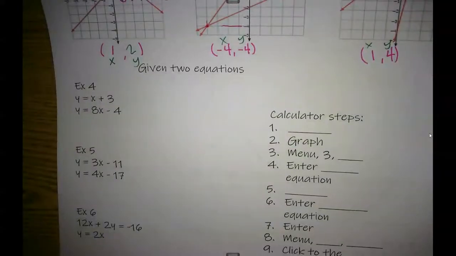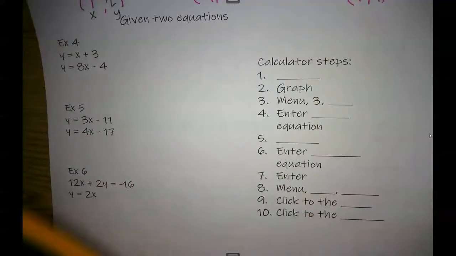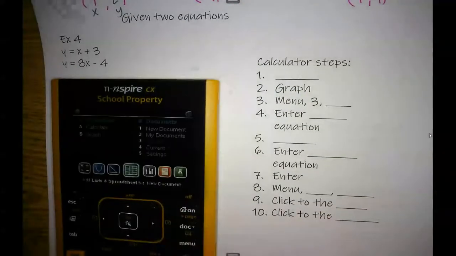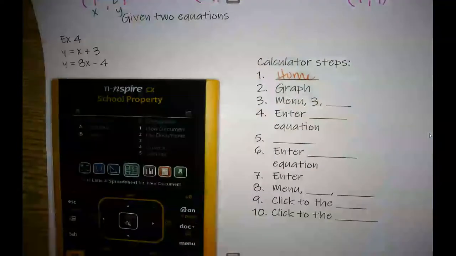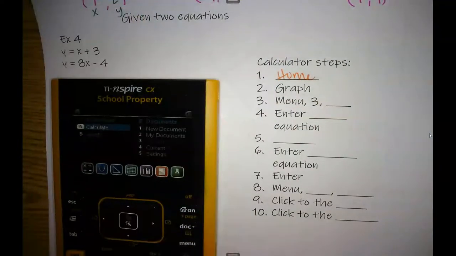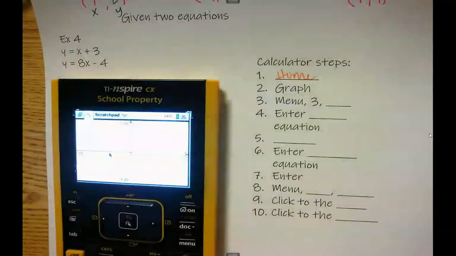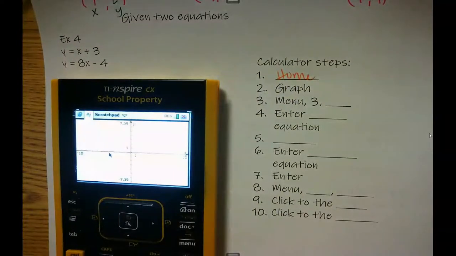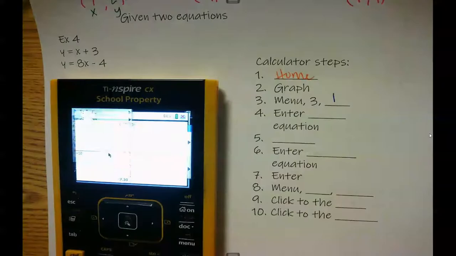All right, if we are given two equations, then we can put them in our graph. So these are the calculator steps. It looks a little long, but it's not as complicated as it seems. So we want to press the home button, and scroll up to where it says graph, or B. All right, and then we want to press menu 3, 1.